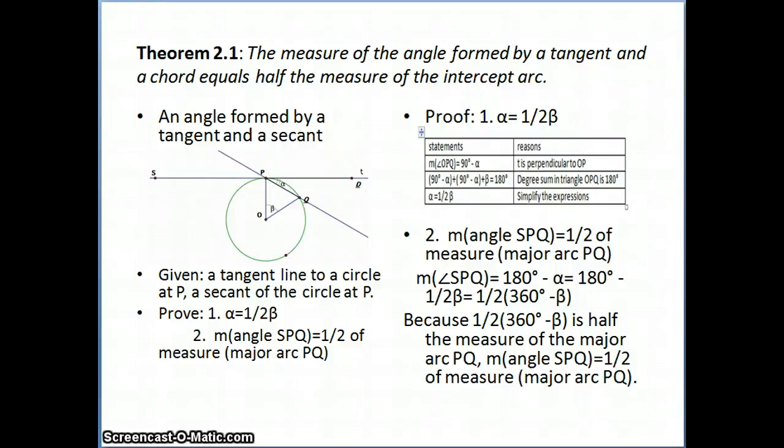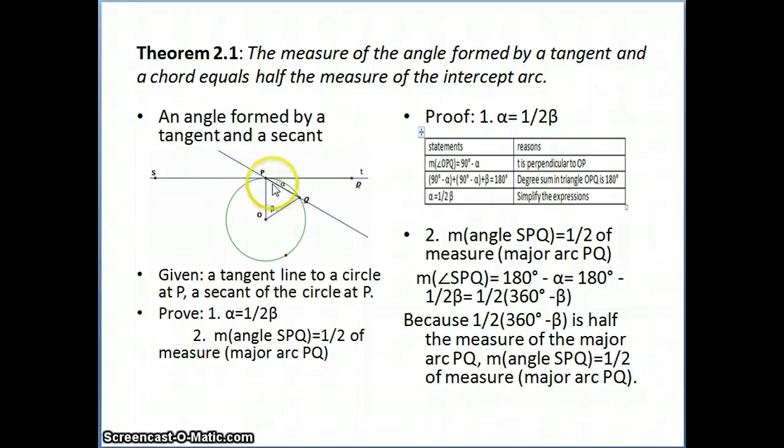So in the last video, we explained theorem 2.1. We want to prove that the angle alpha, which is formed between the straight line, the tangent, and the secant, is half of the measure of the central angle.